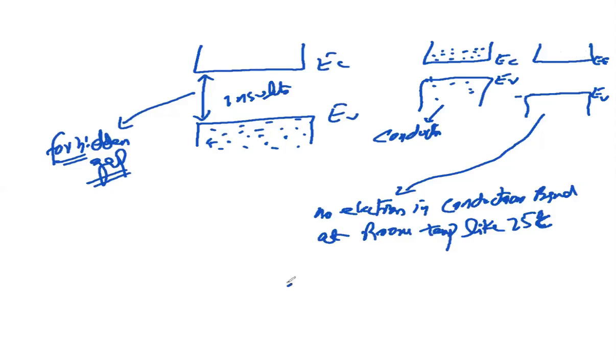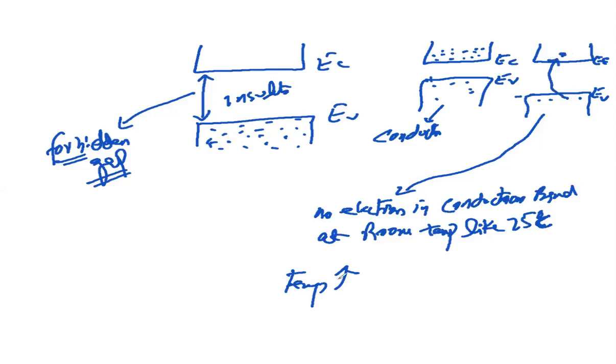But if you increase the temperature, then this object is getting energy from the environment, from the room. So the electrons here will get energy from the room, and they will jump across this gap and come over here.